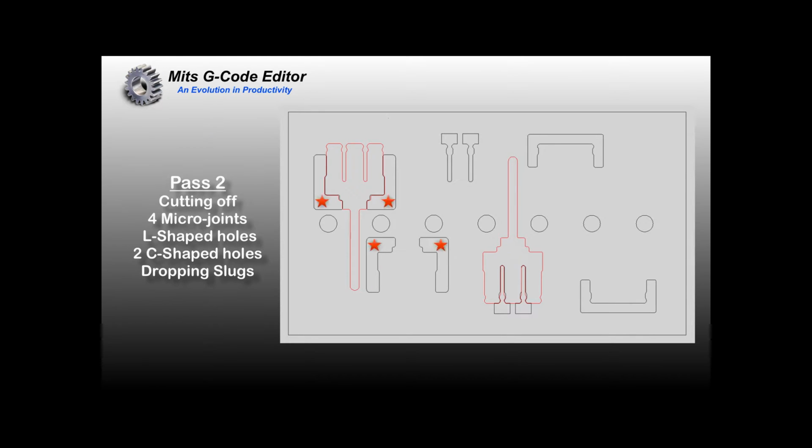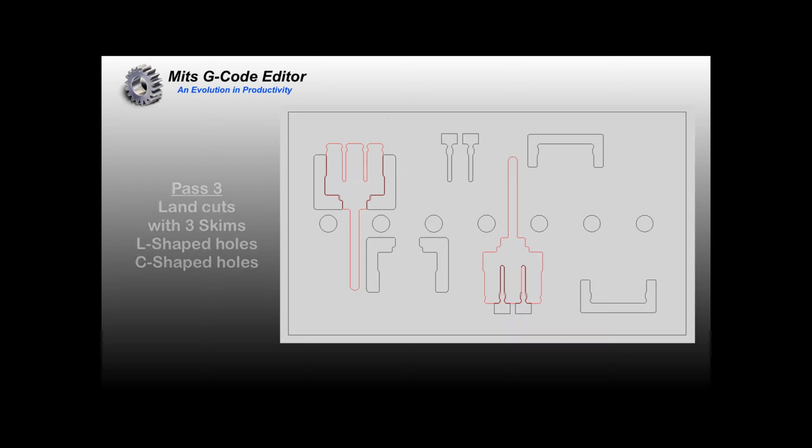Pass 2 will include cutting off the 4 micro joints in the L-shaped and 2 in the C-shaped holes, and dropping the slugs. Pass 3 will include finishing off the land cuts with 3 skims on the L-shaped and C-shaped holes.